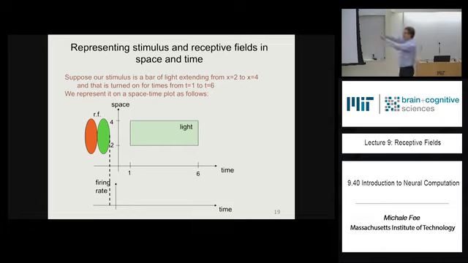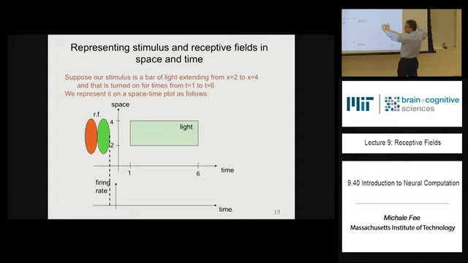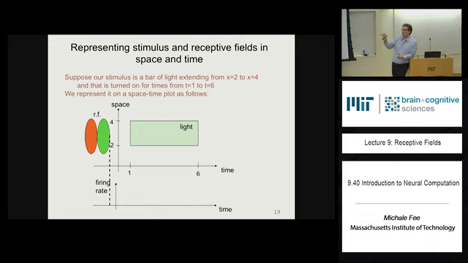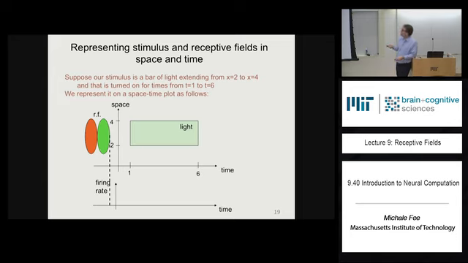Just imagine we have a 1D screen, and we turn on a bar of light between 2 and 4 at time 1, and we turn it off at time 6. It's a very simple case. We flash a light on at a particular position, and then we turn it off.